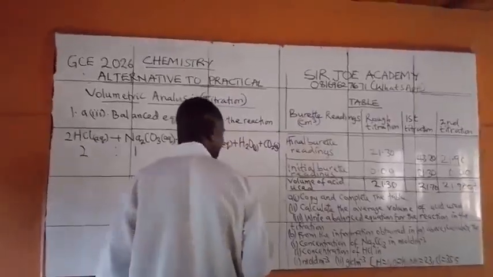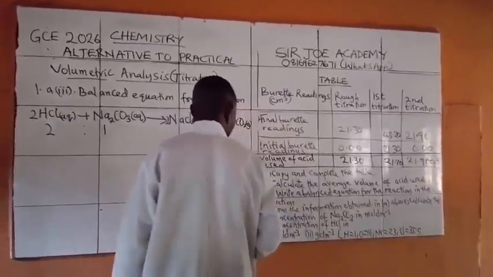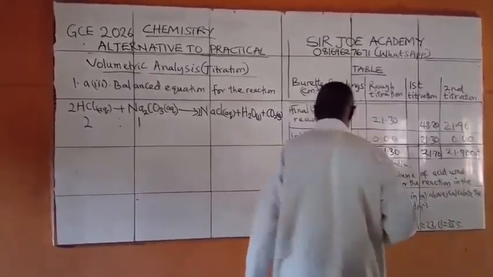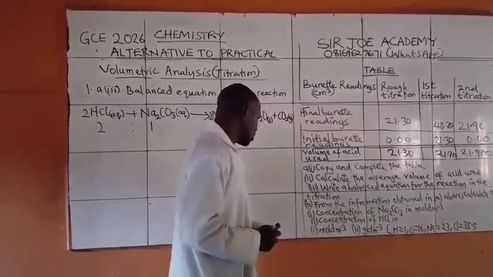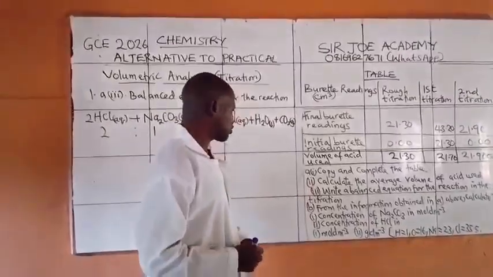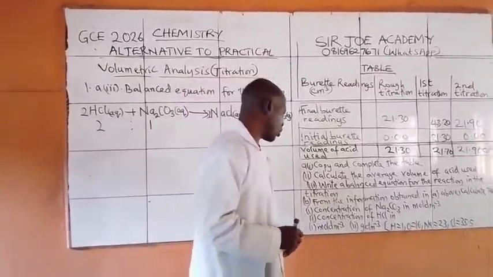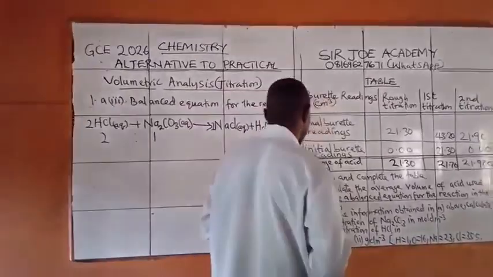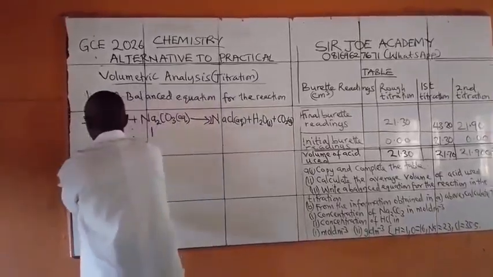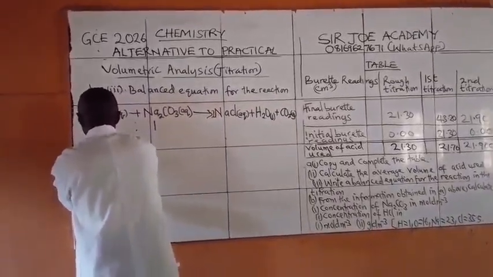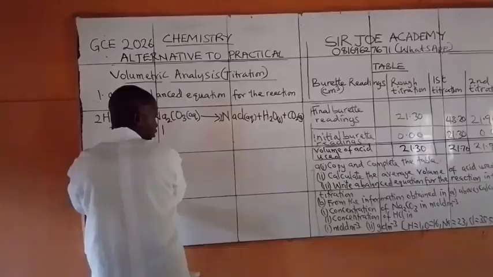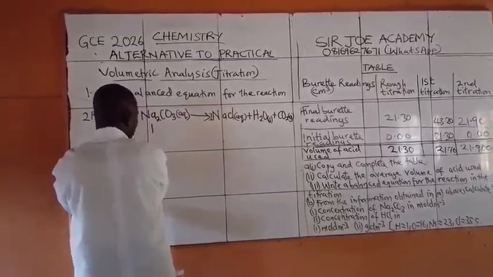We move to the next question. The next question says, from the information obtained in A above, calculate the concentration of Na2CO3 in mole per dm³. So we have 1B, Roman figure 1.